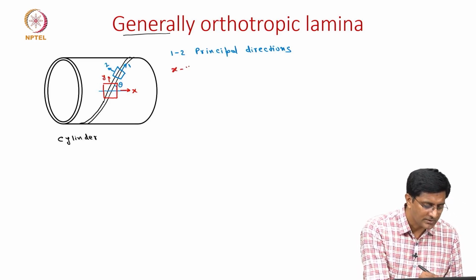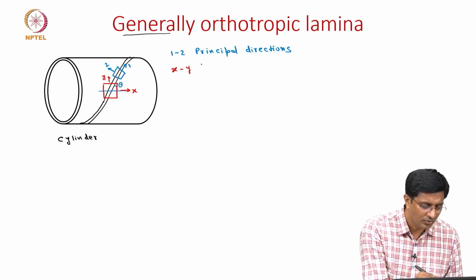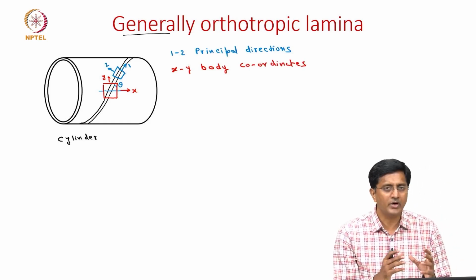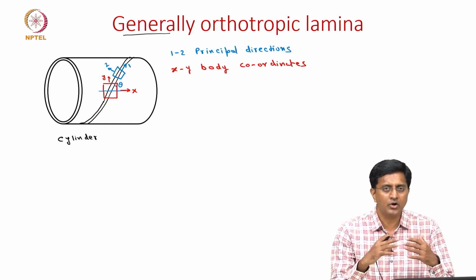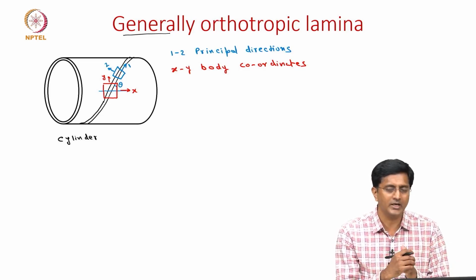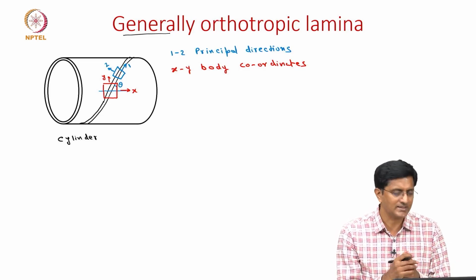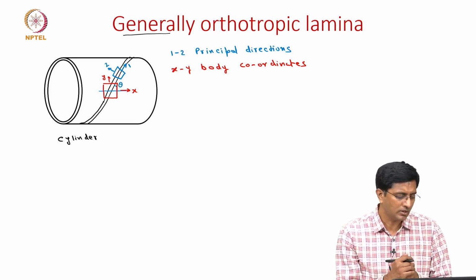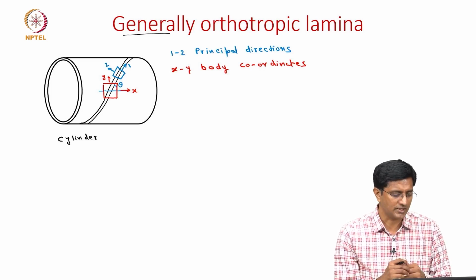So, now we say this x and y are the new body coordinates, since x and y are chosen based on how the cylinder is lying. The axis of the cylinder is parallel to the x axis and the y axis is perpendicular to the axis.